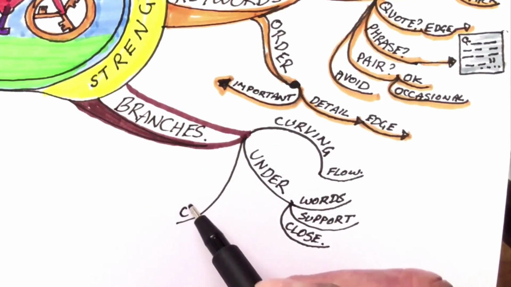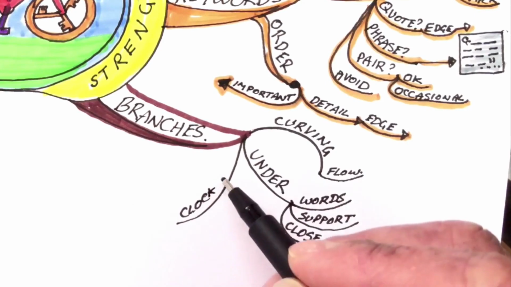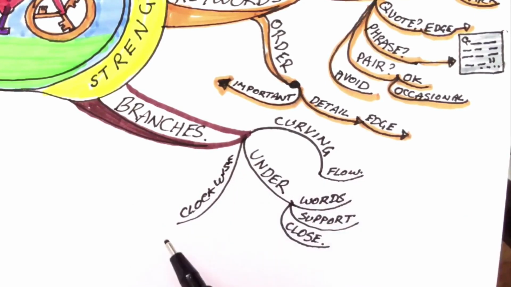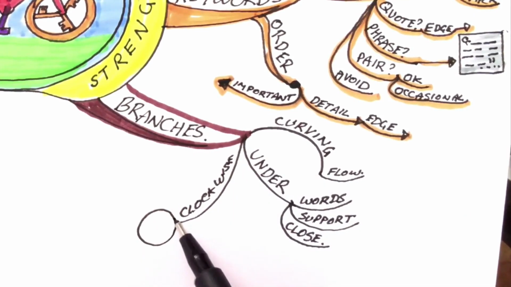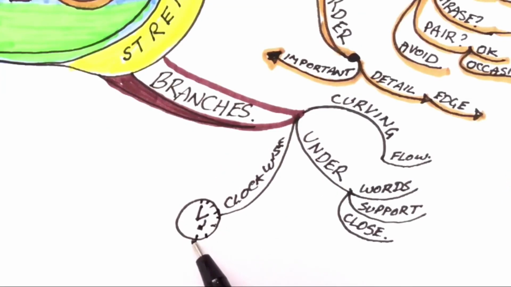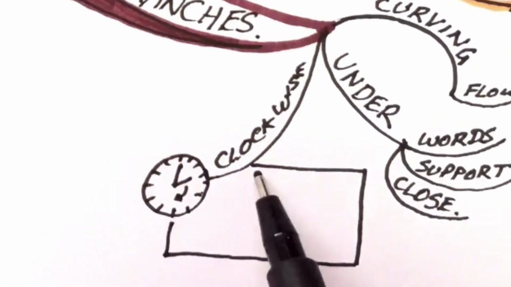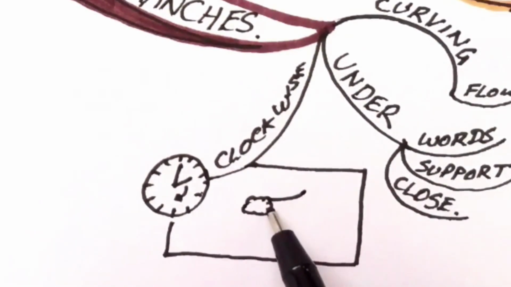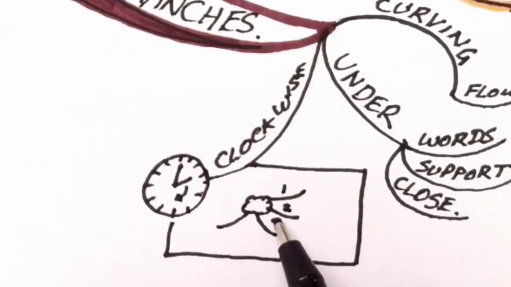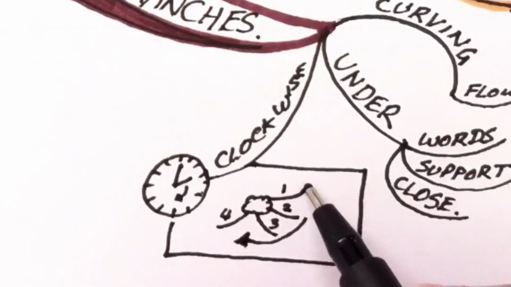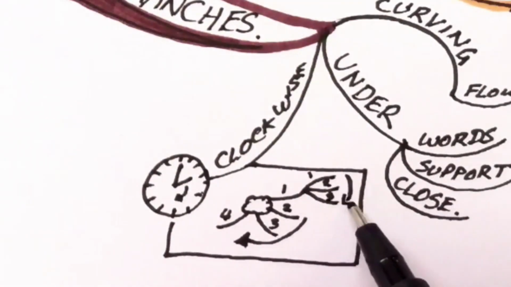We put the branches in clockwise order like this, and you do the main branches in clockwise order, and then you also do the sub branches in clockwise order. Even once you get to 9 o'clock, you do it in clockwise order, which can feel a bit counterintuitive at the beginning. Now, if you want to do it a different way, then that's fine as well, but make sure you consistently do it the same way each time.